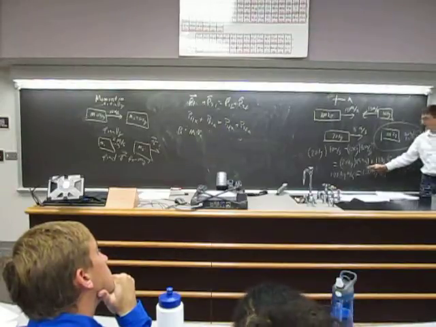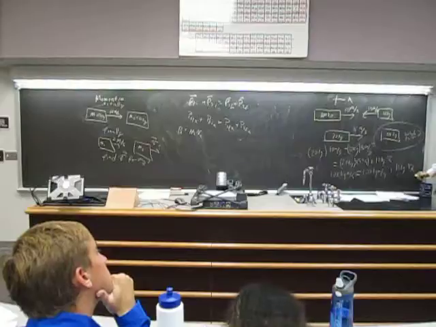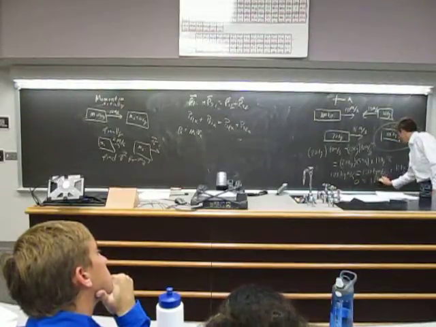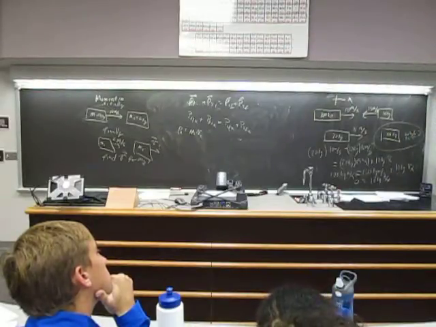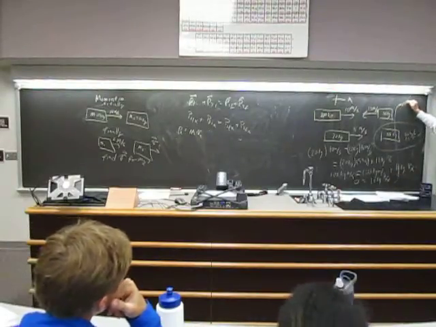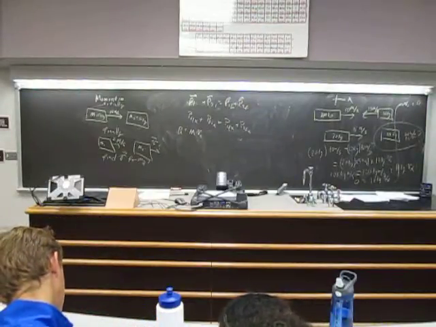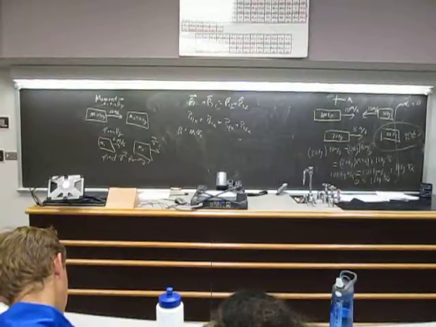If I subtract 100 kilogram meters per second from both sides, I'd get 0 equal to 10 kilograms times Vx, so Vx has to be 0. Okay? Did you follow that? I'm sorry, it gets kind of messy down here, it's hard to write low.